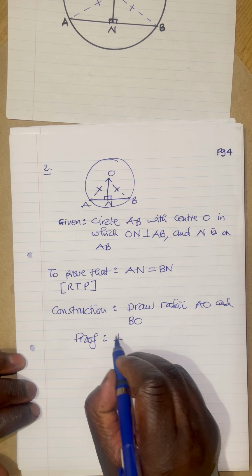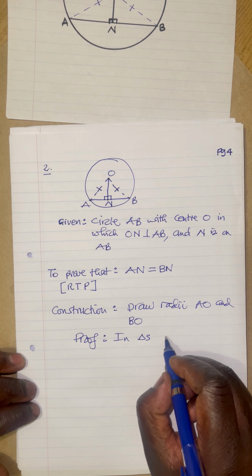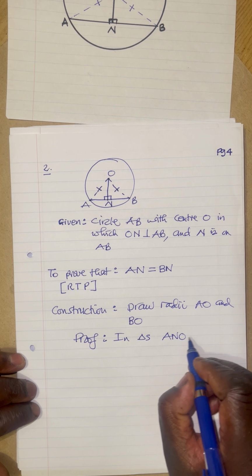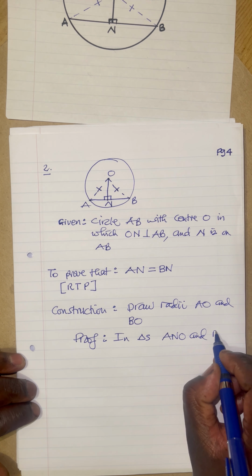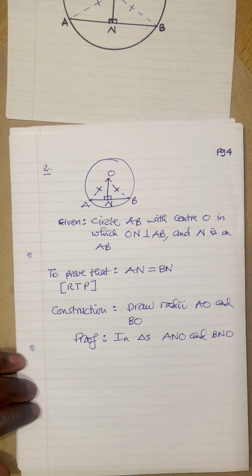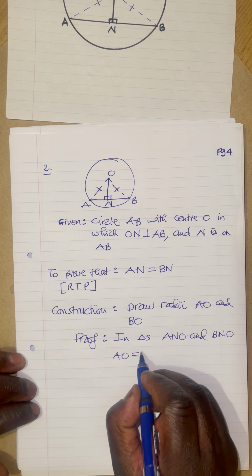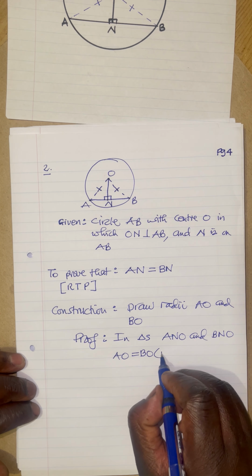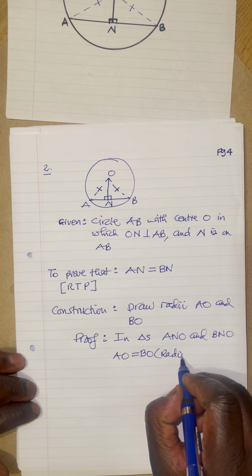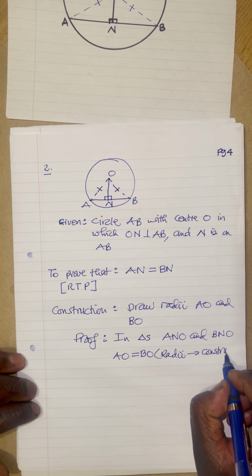Again, in triangles ANO and BNO, what do we know? Well, we know that AO is equal to BO. These are radii, and of course, it's because of construction.